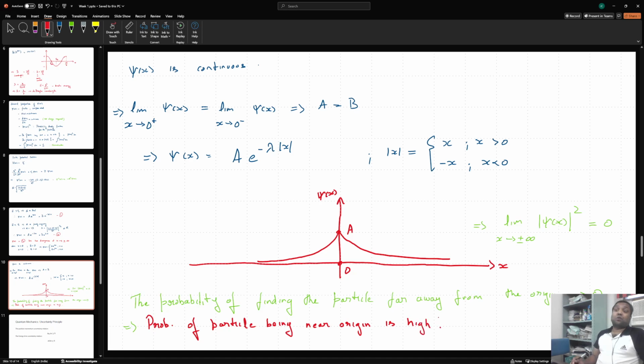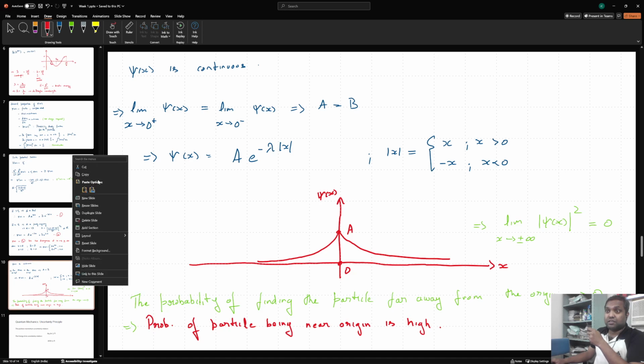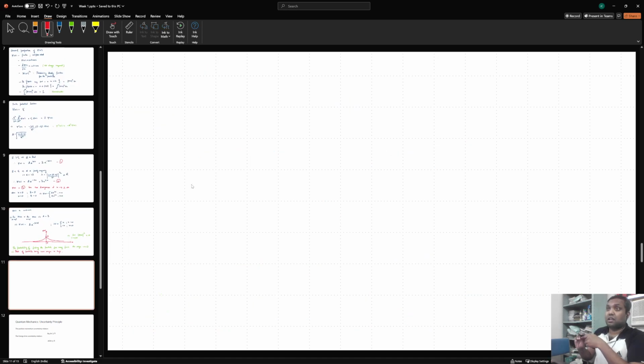This is what is referred to in quantum mechanics as confinement.